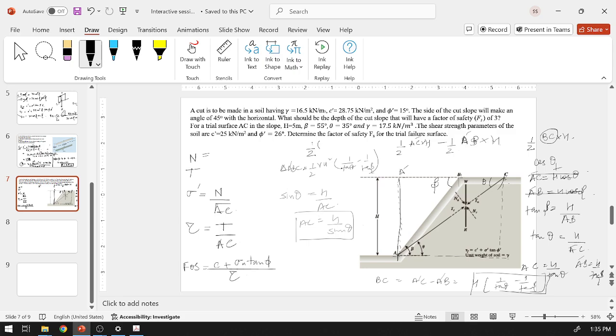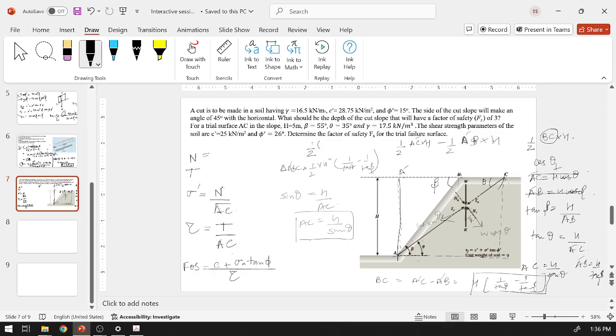Just like in the previous question, we calculated n by AC and t by AC. N was simply the normal component of weight over the failure plane. So we have W, which can be resolved as this. If this is theta, then this will be W cos theta and this will be W sin theta.